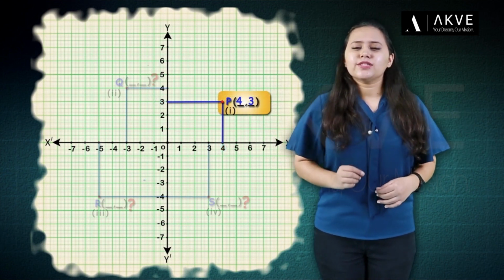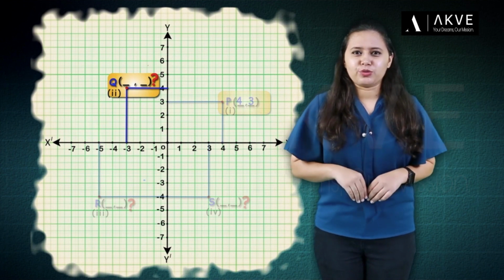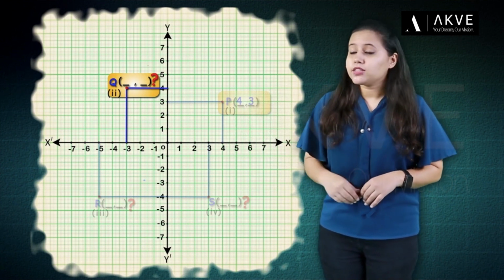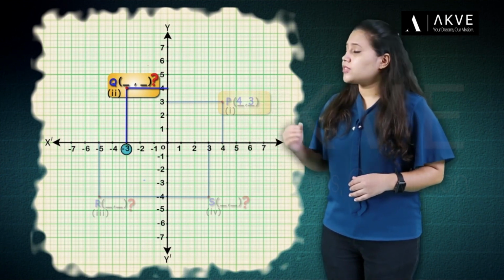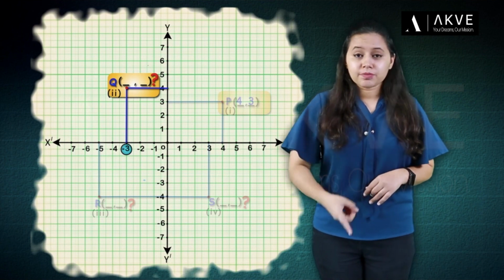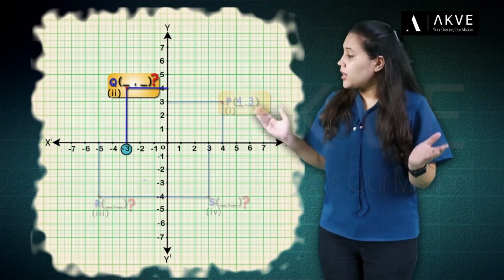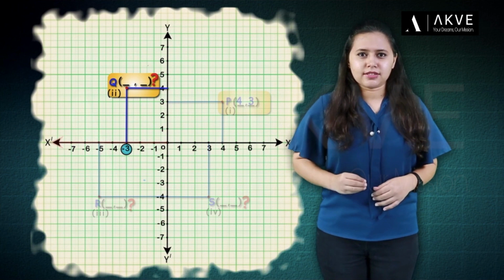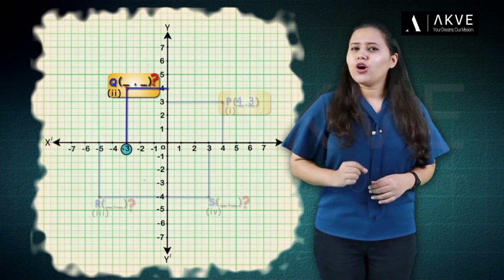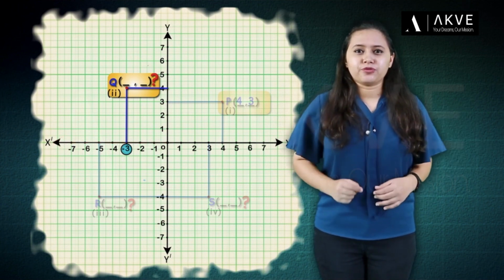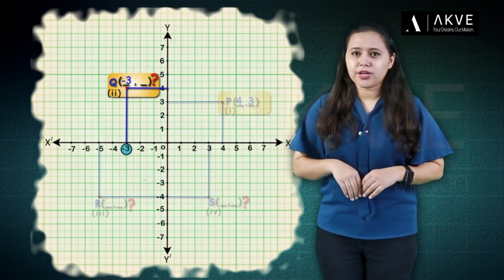Great. Now let's find the coordinates of point Q. Here we can see that point Q is 3 units away from the y-axis, but it is along the negative direction of the x-axis. So, the x-coordinate is taken to be negative, that is -3.